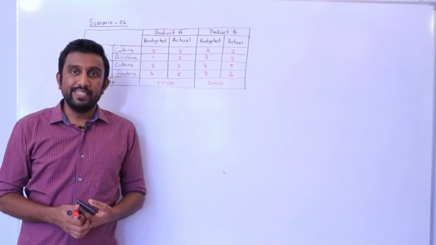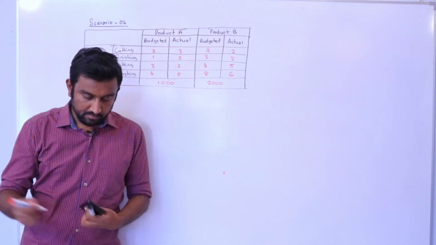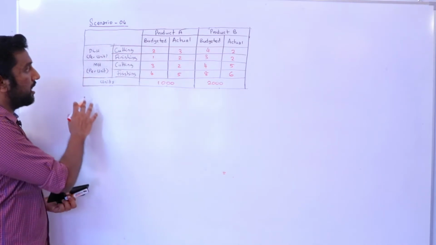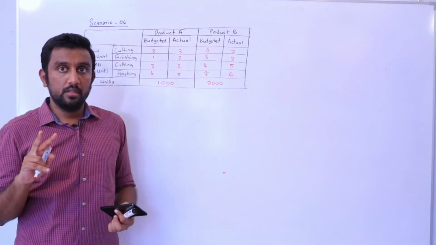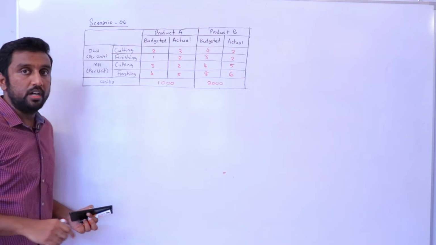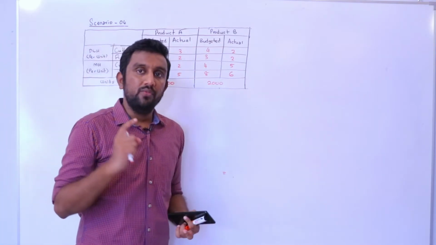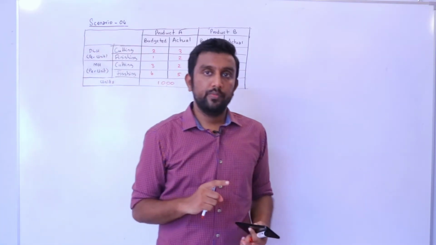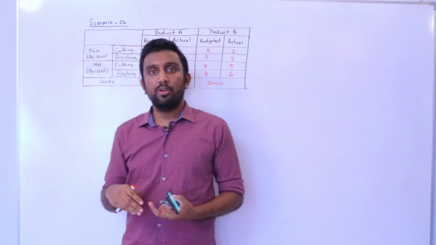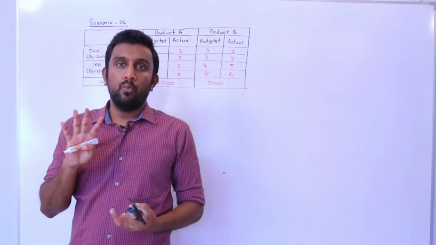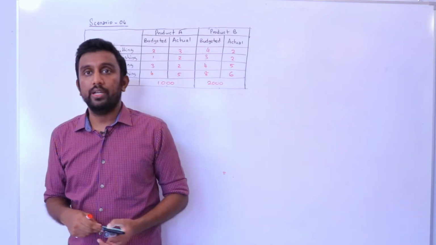This is the fourth scenario, where they gave a table. There are two products, A and B, and two departments. Since there are two departments, we have to find two OARs. Since there are two departments and two products, we have to find four values for absorbed overheads.